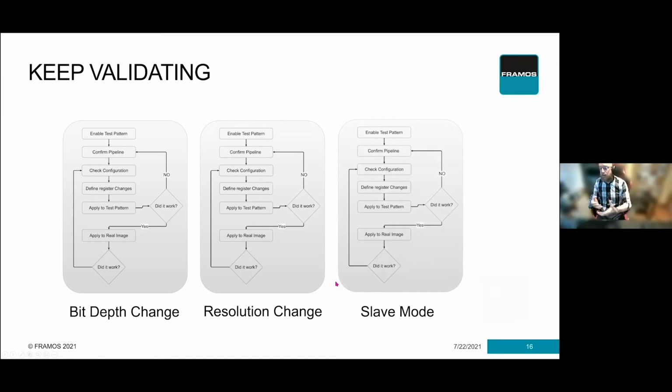We could then say, well, now that all works using internal timing, which is generally simpler to get going, now we need to get that to work with the external timing model, where we're driving it externally, because we may have multiple sensors that are all operating at the same time, or we may have multiple other devices that we need to know the timing of.